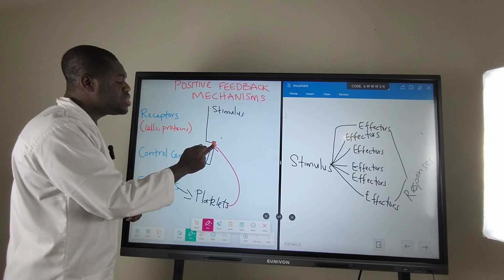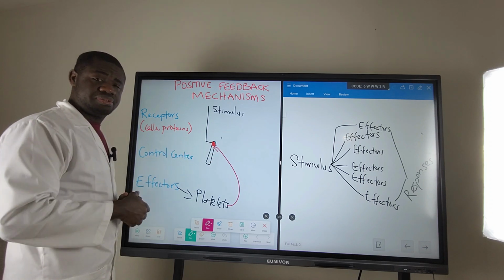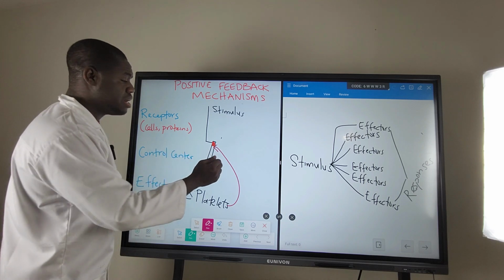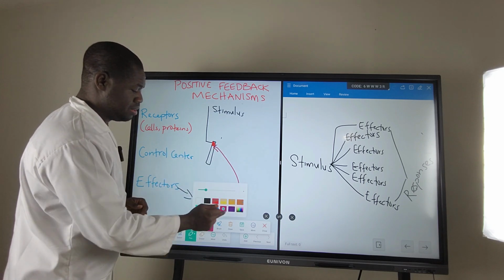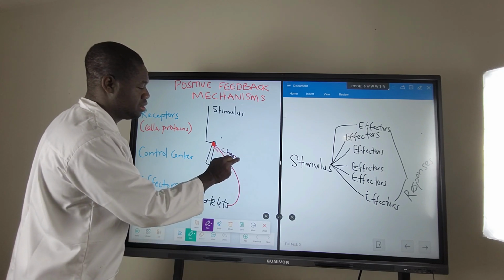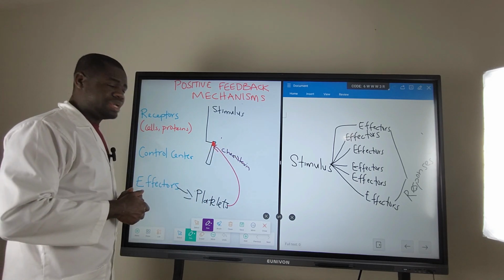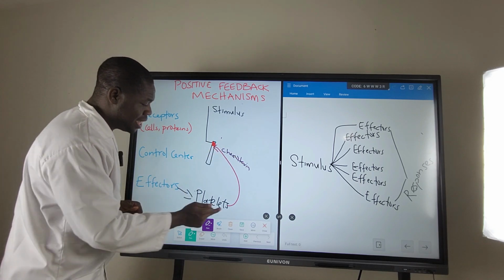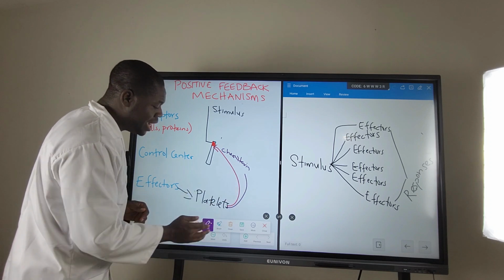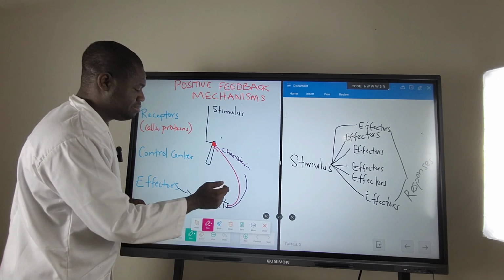As they bind with the bleeding site, a chemical is released. An example of that chemical is chemotaxins. This chemotaxin attracts more platelets to migrate to the area of the bleeding.